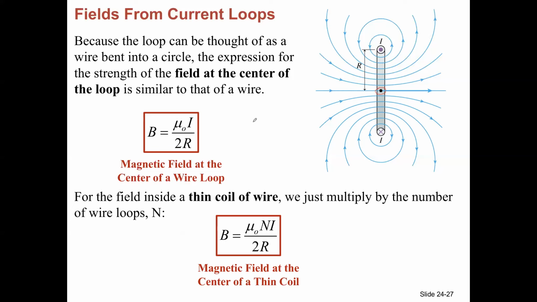Well, in that case, all you've got to do is take this formula here and multiply by the number of stacked loops you have, so you'll see that appears in the formula here. So this one at the bottom is formula 3. This is for what I would call a thin coil of wire. You could have any number of loops really, but they have to be closely packed together.